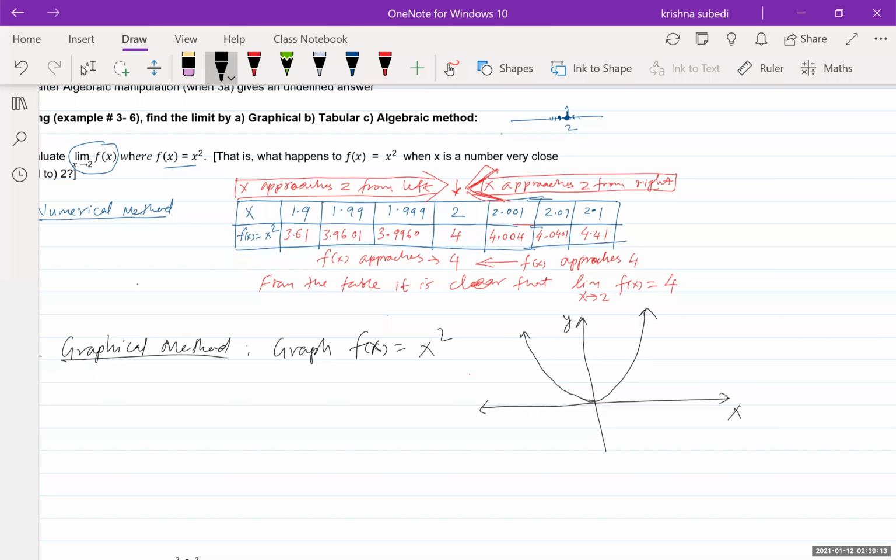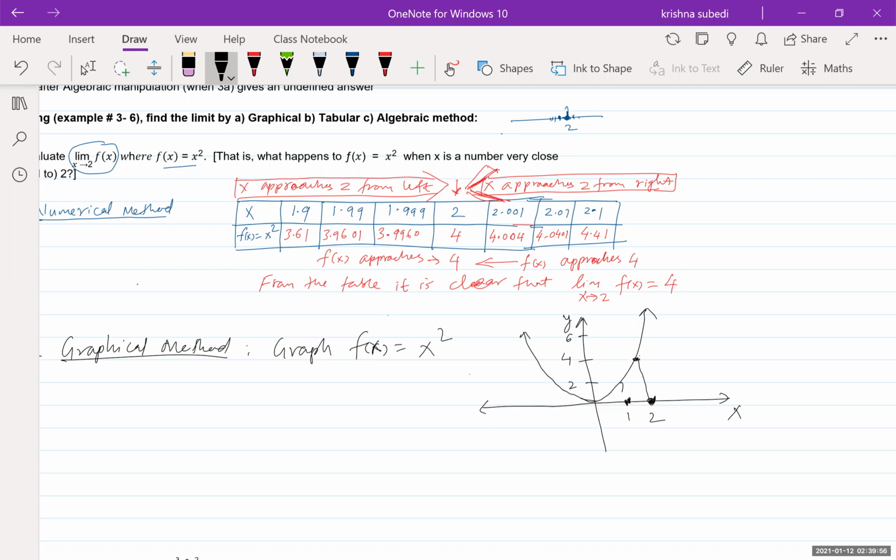Now, the question is when x is 2. This is your 1, this is your 2. We are not interested in 1, we are interested in 2. Let's say this is 2, this is 4, this is 6 here. Now, to find the limit graphically, you have done lots of practice questions before.